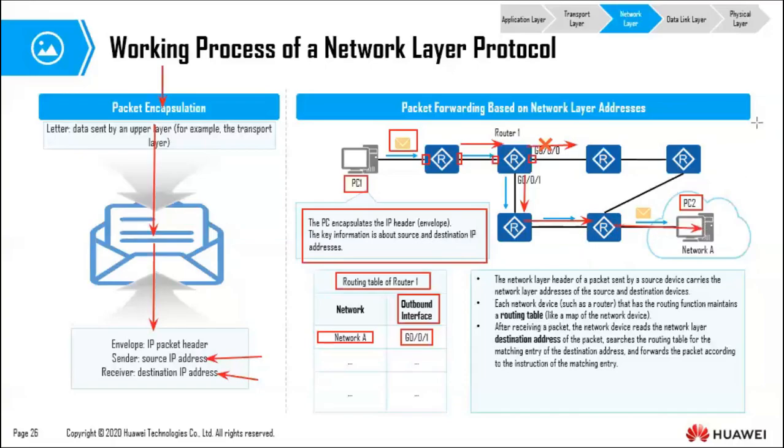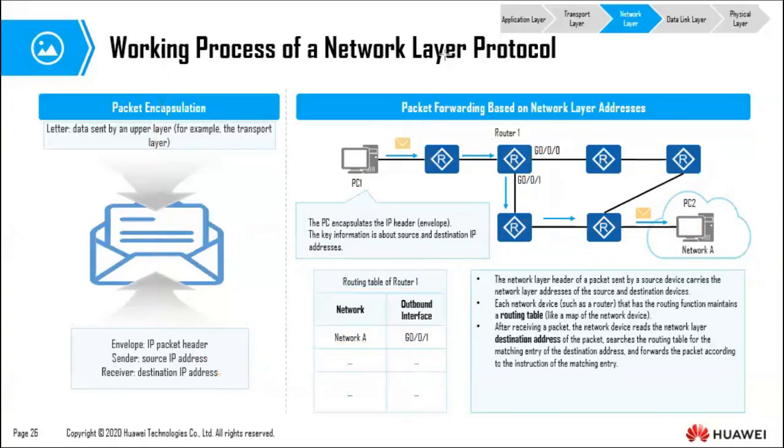So that is how a packet is forwarded from one network to another until it reaches the router that is connected to the destination host. That is how IP, the network layer, enables the forwarding of data packets.